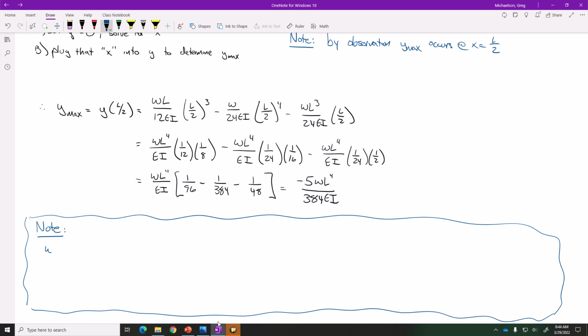Given w is 2 kips per foot, L is 30 feet, E is, what were we given? 29,000 ksi. And I is 1,500 inches to the 4th.